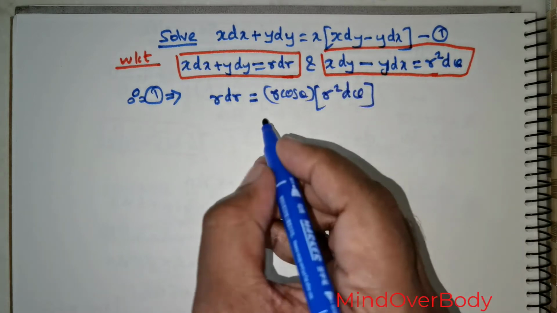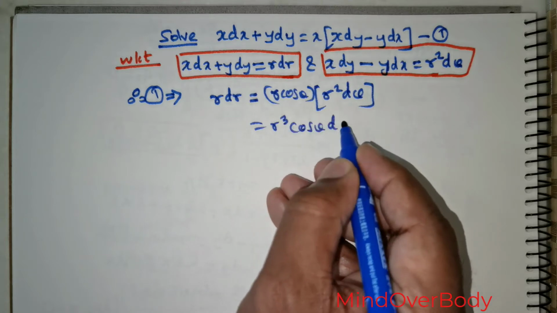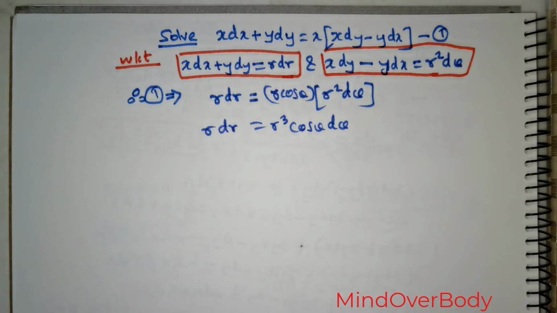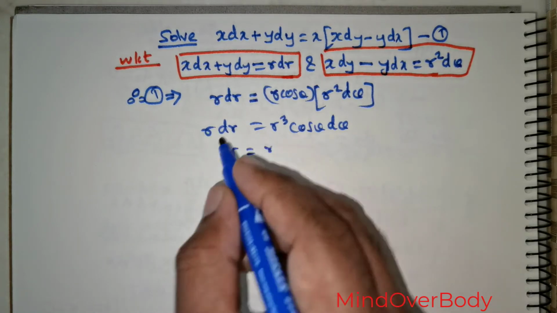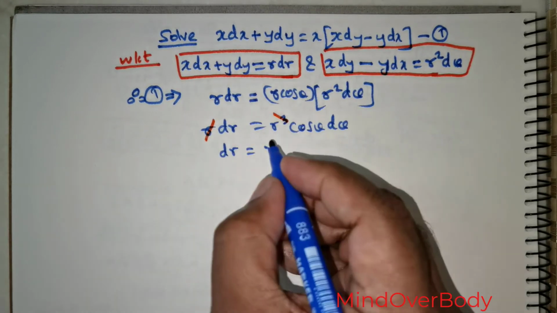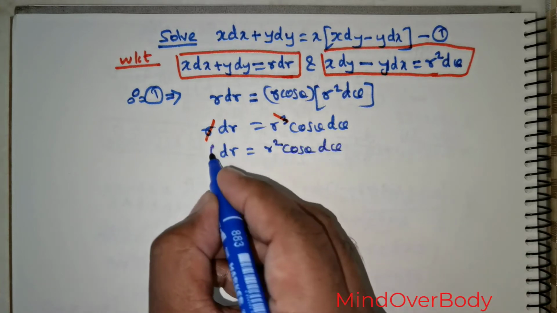So this is equal to r cubed times cos theta times d theta, and r dr on the other side. So this is already in variable separable form. So this can be rewritten as dr is equal to, I can get rid of an r and an r here. So this is going to give me r squared times cos theta d theta.